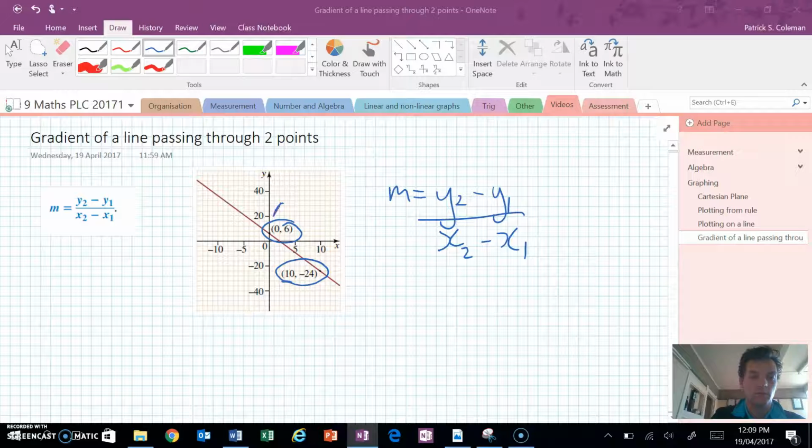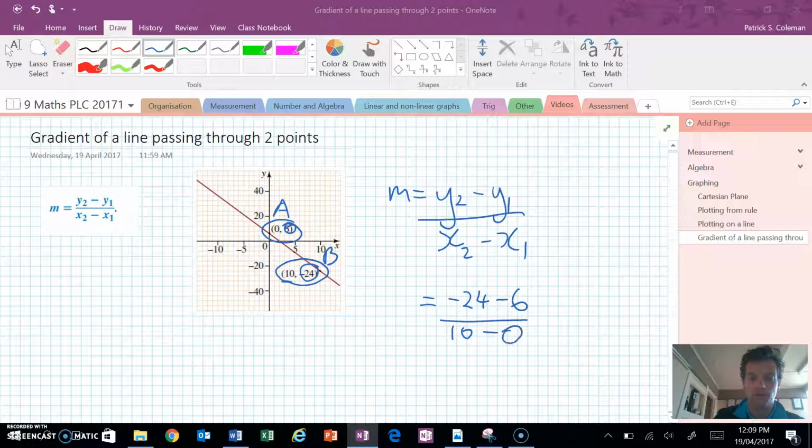Just to make it easier in terms of the explanation, we're going to call the first one point A and this one point B. So if we take the y-intercept of point B, so y2, that's going to be our negative 24 minus the y point on point A, which is 6, over the x point, x2, which is 10, minus 0.